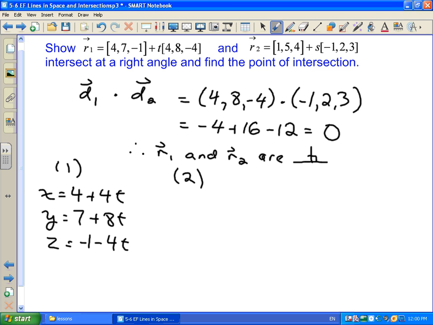And what do we get for R2? x = 1 - s. Our y is going to be 5 + 2s. And our z is going to be 4 + 3s.